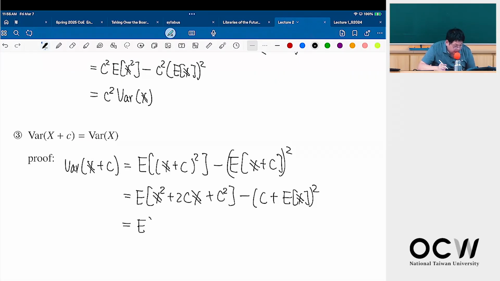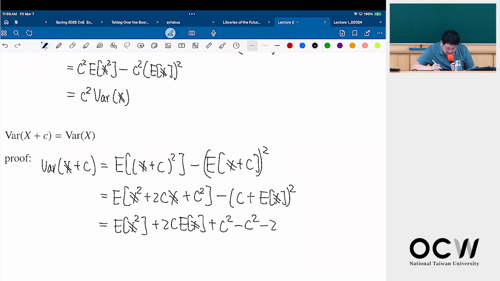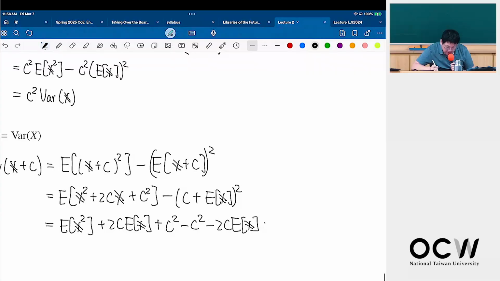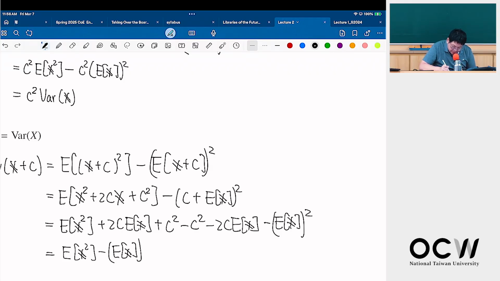You get the second moment plus 2 times c times the mean plus c squared, and minus c squared for the second part. For the second part, the last term will be the mean squared. Then you have the second moment minus the first moment squared, so it is still the variance of x.